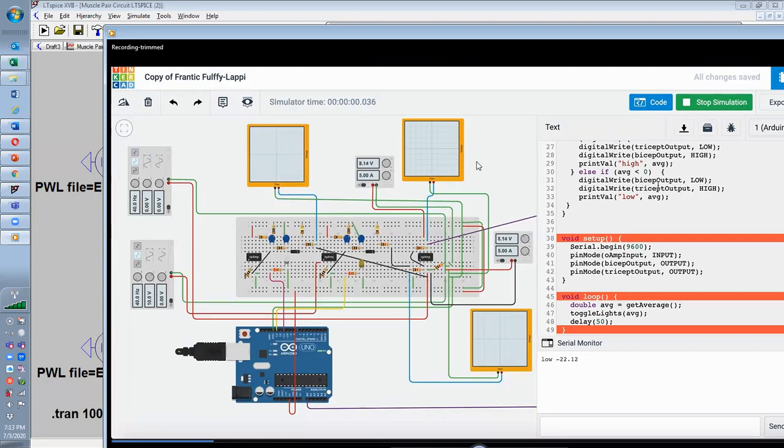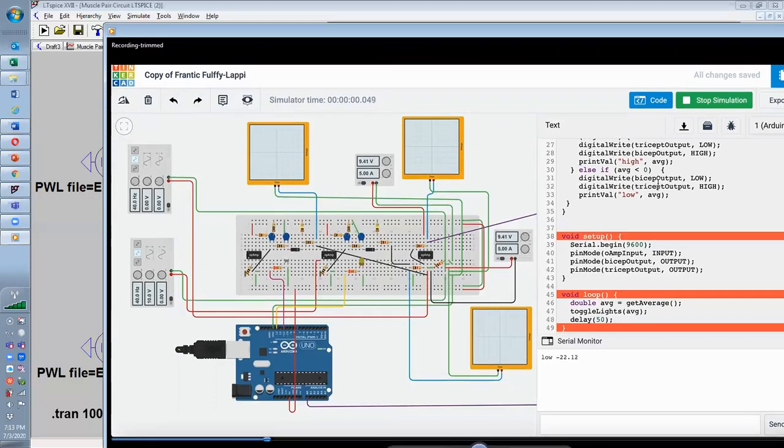This particular group was looking at how to control or determine the muscle movement of a robotic arm. The simulation here shows the waveforms that are generated.